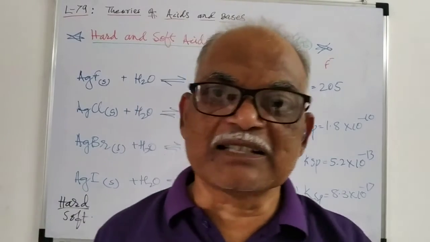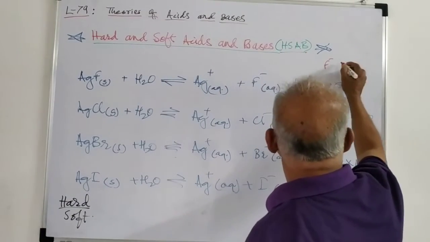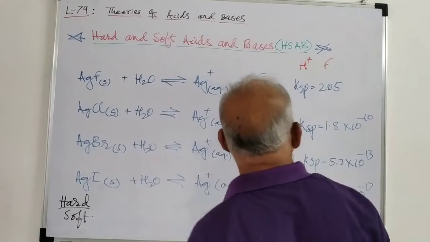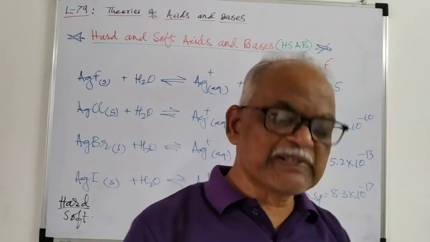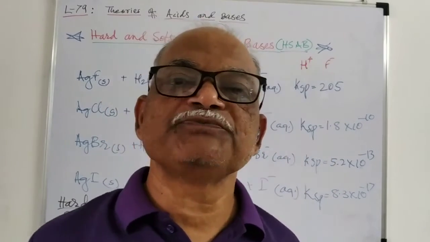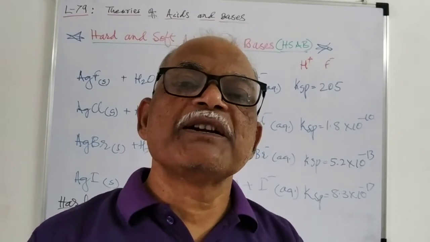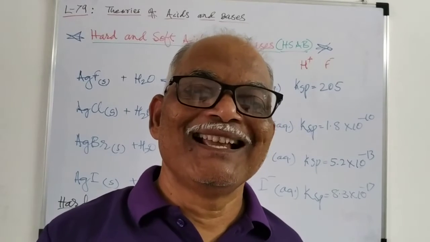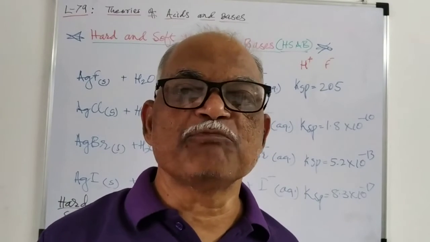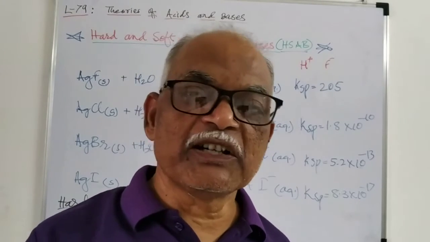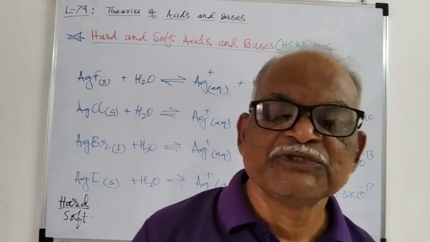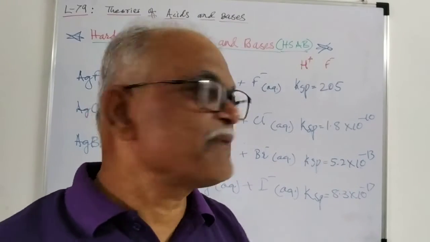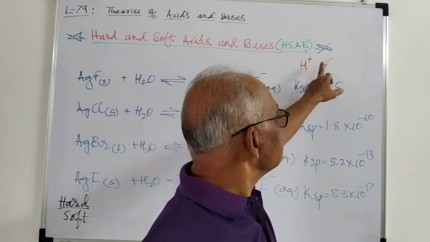Similarly, we can consider H plus. This H plus has no electron, and therefore its surface is also stable. It is not easily polarized. Instead of saying deformed, we can say the surface is not polarizable.